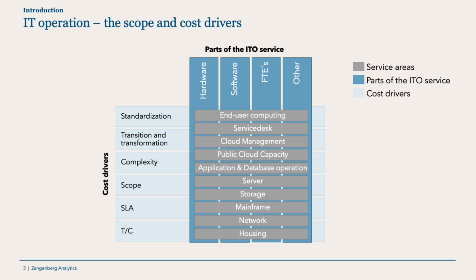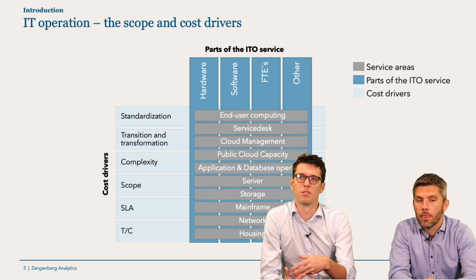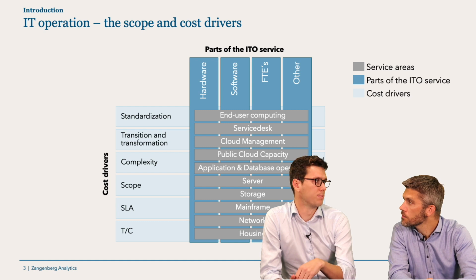And firstly, the services, we see that this is the data center services, that is the server and storage, mainframe and housing, but also we talk about the service desk and also the end user computing and the phones distributed to employees and such. And all of these services are comprised of hardware, software, FTEs, and then some small other costs.